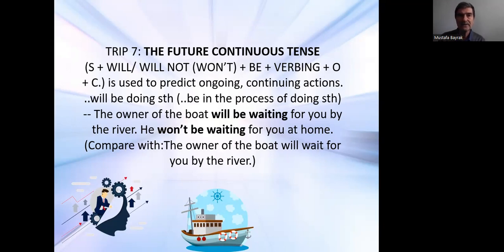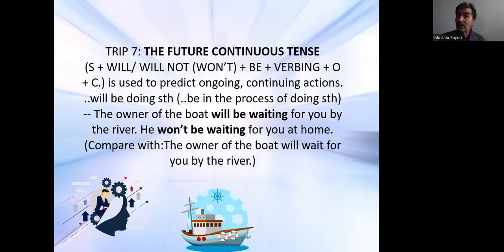Okay? So this tense is used to predict ongoing, continuing actions. Will be doing something, for example, be in the progress of doing something. For example, the owner of the boat will be waiting for you by the river tonight, tomorrow, next week, okay?